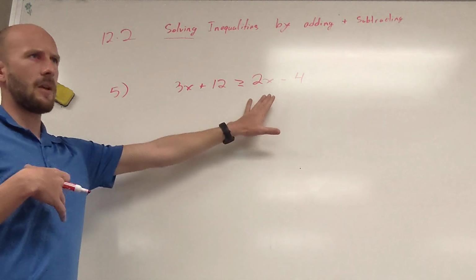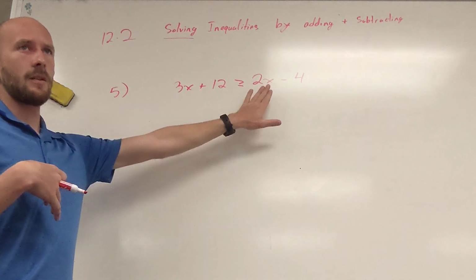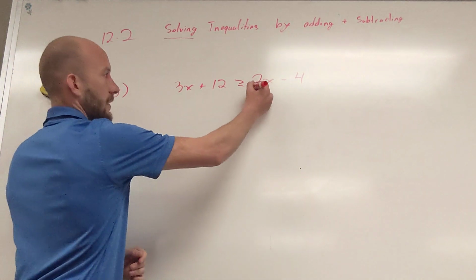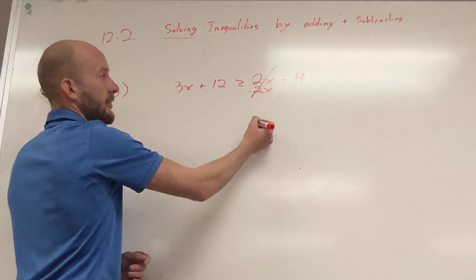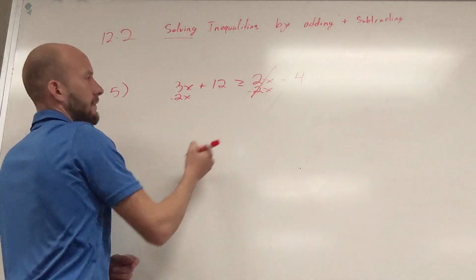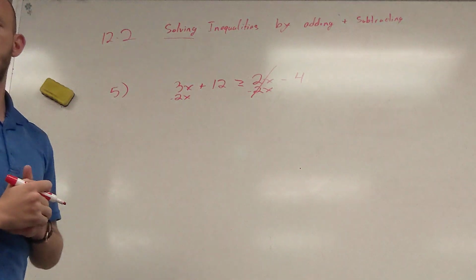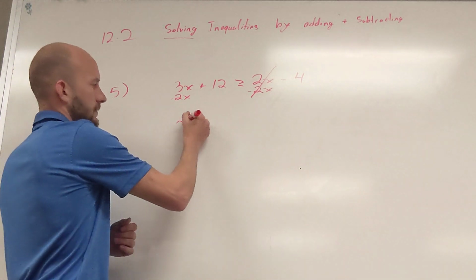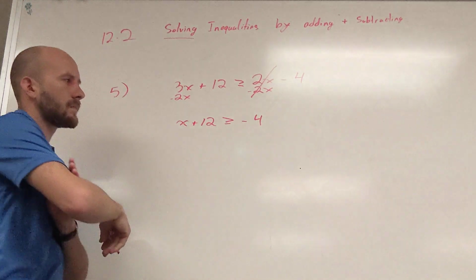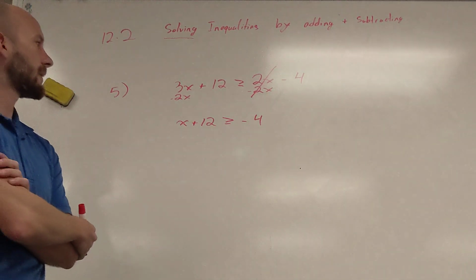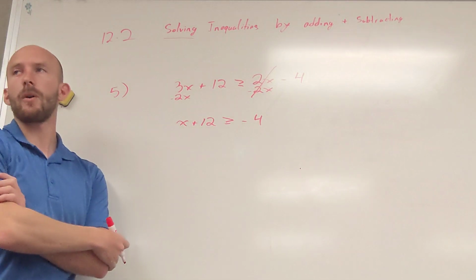Does that make sense? So I want to subtract the 2x, because that will cancel it out over there. And I have to do the same thing on both sides. And I get x plus 12 is greater than or equal to -4.